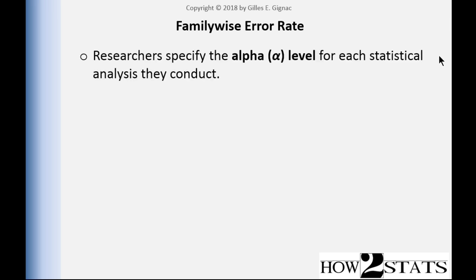One of which is the fact that researchers specify an alpha level for each statistical analysis that they conduct. Remember that researchers usually use alpha 0.05 for any particular analysis that's statistical in nature and is inferential, where you're wanting to go from the sample to the population.